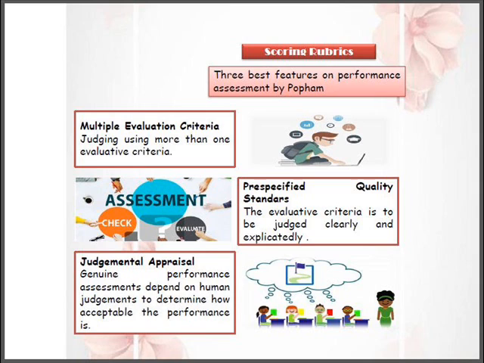The evaluative criteria are to be judged clearly and explicitly. The last but not least, we have judgmental appraisal. Genuine performance assessments depend on human judgment to determine how acceptable the performance is.